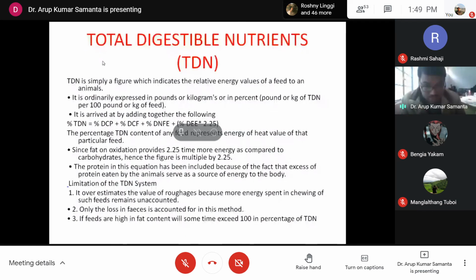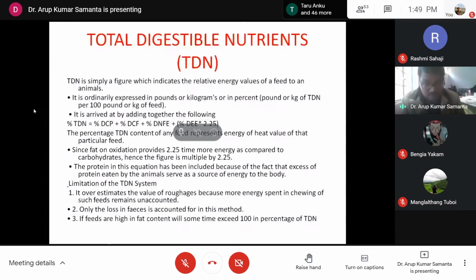You should remember this particular terminology for your whole life: what is this total digestible nutrient and how to calculate it. If you are passing out of this BVSc and AH also, sometimes you will be posted in a dispensary. There farmers may come and ask you to please give a formula for their animals.